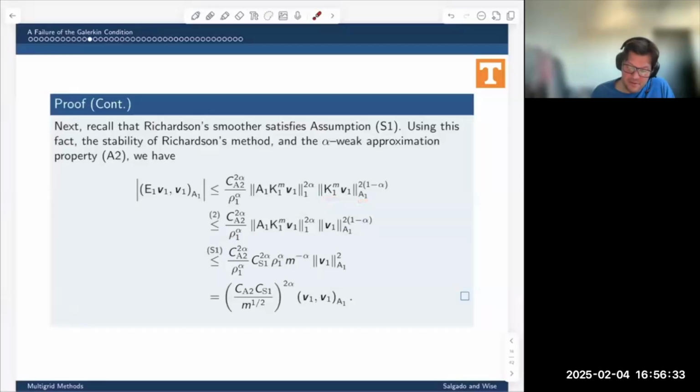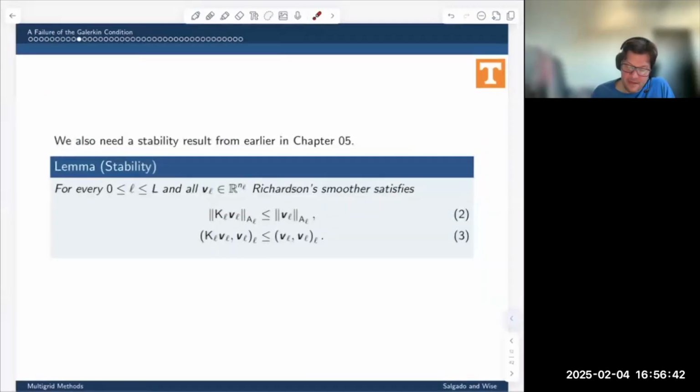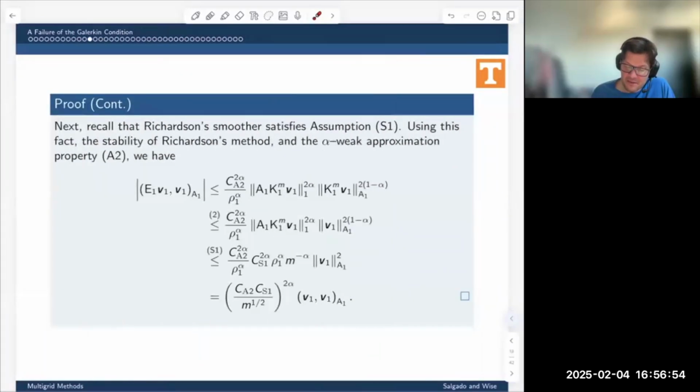So let's go back and look at the stability that I'm using. I'm using that stability so I can get rid of this guy in that location, but I'm using it at level L equals 1. At level L equals 1, I'm using that to get rid of this KL. The reason I'm using it is because I need this to work out to be a V1 in the end.